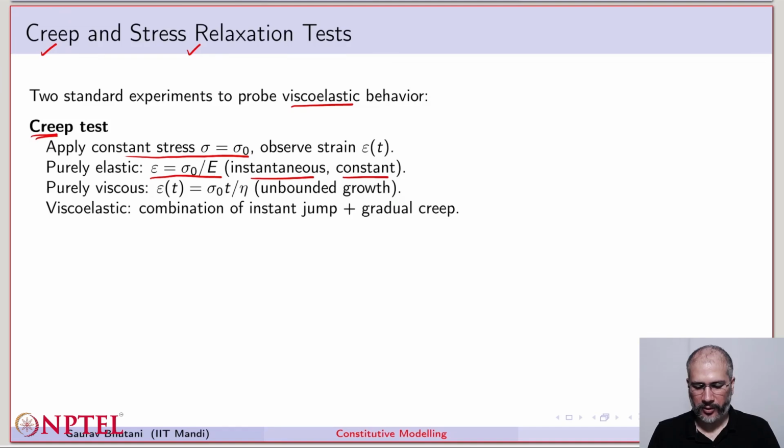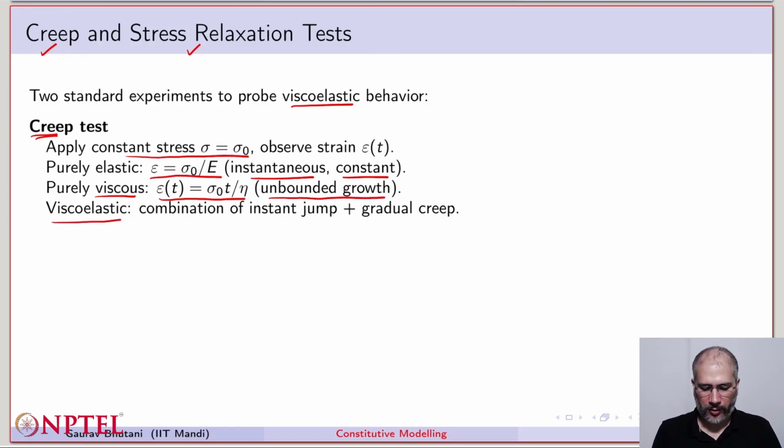Now if you apply the same experiment onto a viscous fluid, then if you apply a sigma naught onto a fluid, the material starts to flow. That is, you have an epsilon which linearly increases with time. So this is an unbounded growth of strain for fluids.